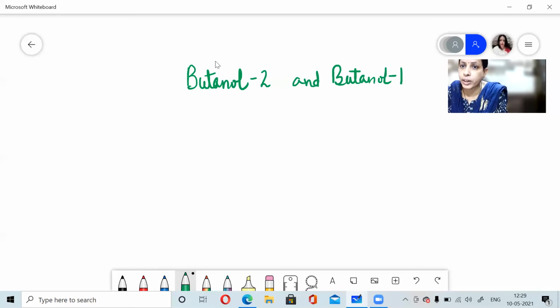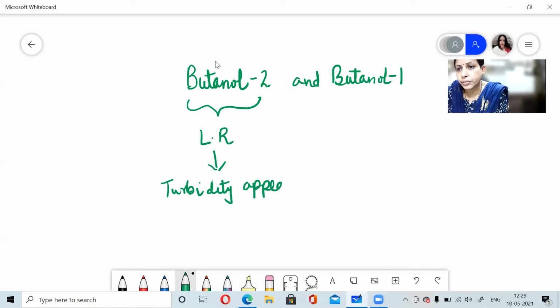Now butanol 2, it is a secondary alcohol we know. So when we add Lucas reagent to it, the answer will be turbidity appears after 5 minutes. And here you will have to mention the reason also, as it is a secondary alcohol.